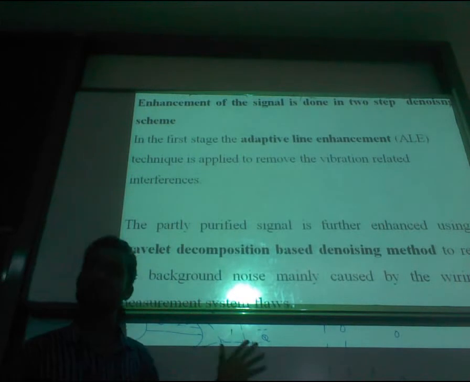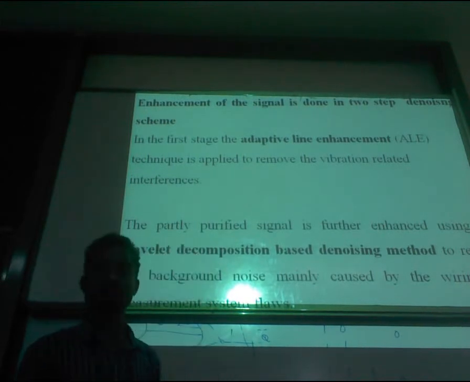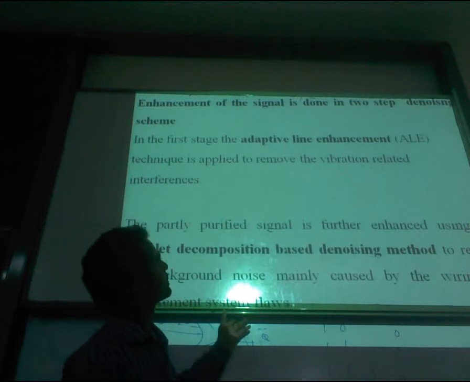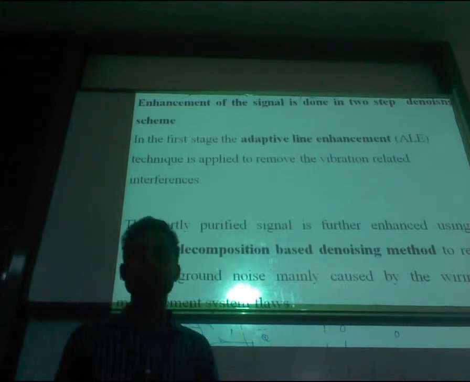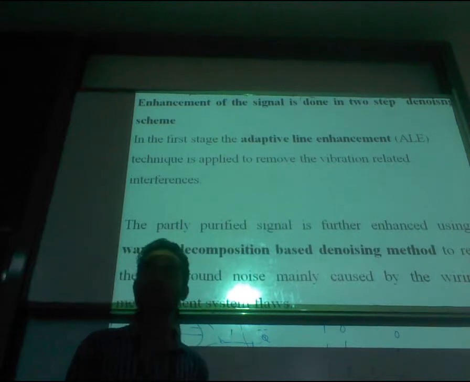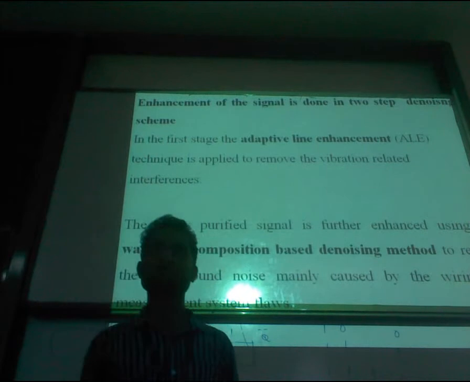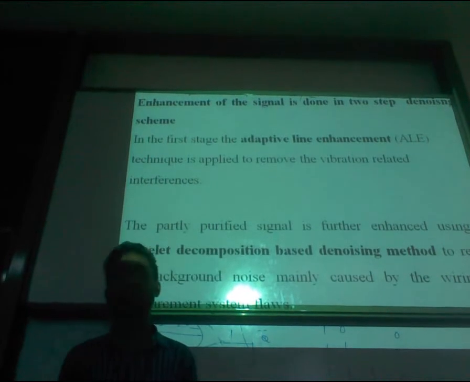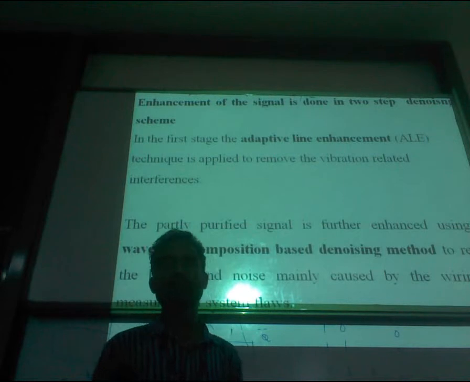Whatever vibration-related information interferes with the oil debris sensor signal is rectified with the use of adaptive line enhancement. Once adaptive line enhancement takes place, the vibration-related interference is removed from the signal.